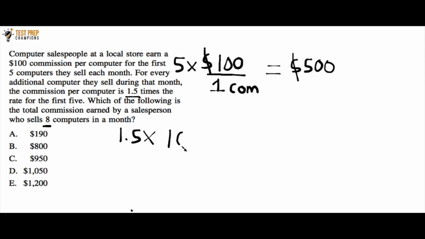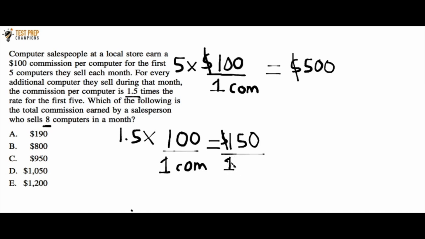And the rate was $100 per 1 computer. Okay, so we take that initial rate and we just multiply it by 1.5. And you're more than welcome to use your calculator if you'd like to. And that tells us that there is now a $150 commission for each computer. All right, so the commission after the first 5 is $150 per 1 computer.